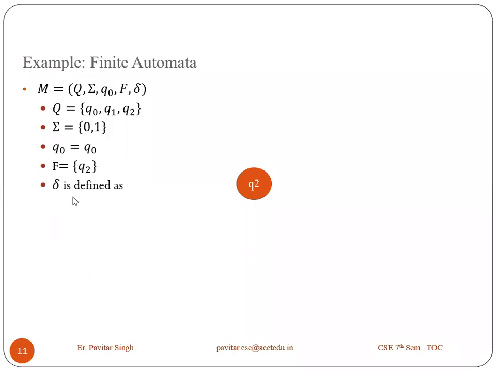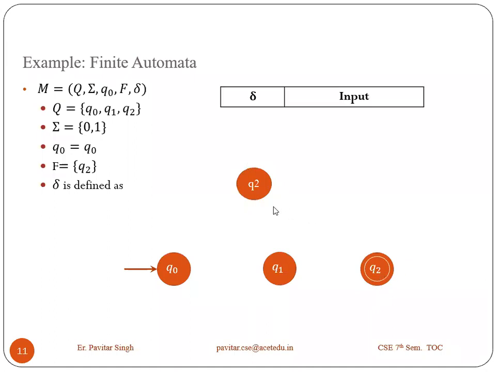Next we have delta, so we have to define the delta. Q naught is acting as your initial state, Q1 and Q2 are your intermediate states, and Q2 is your final state, right?